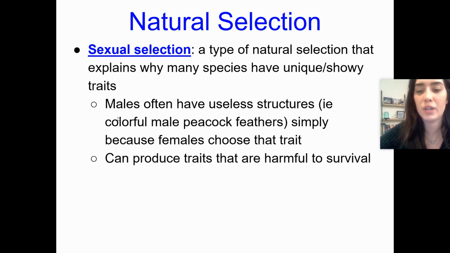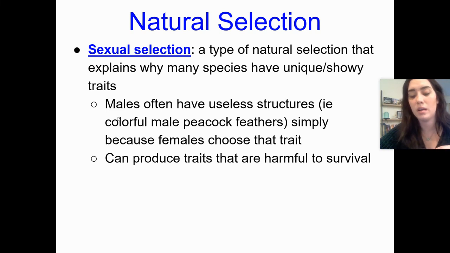So it can reproduce traits that are harmful to survival. Like I said, with the peacocks, the feathers can be too big, and it can make it so the peacock has trouble moving. Another example is crabs with really, really big claws.